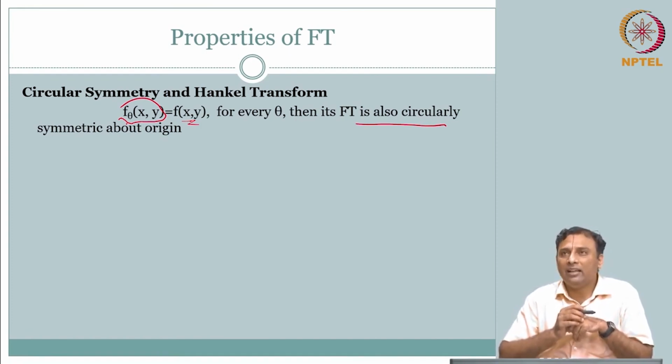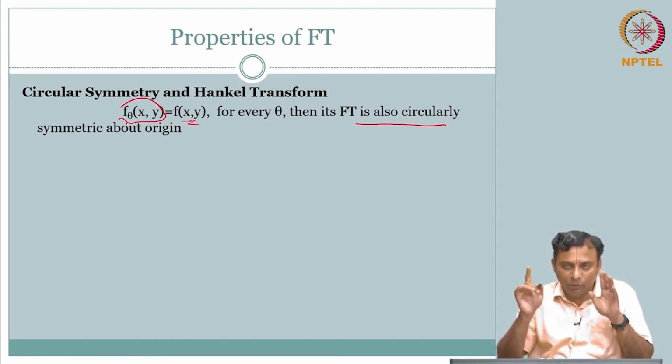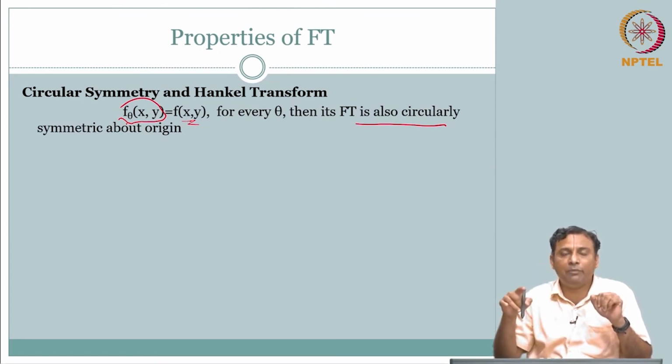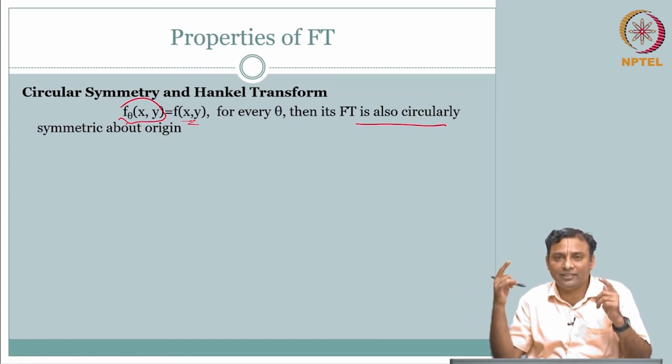Roughly, just so that you get comfortable positioning the concept in 2D: in 1D, if you have a Gaussian shaped time domain signal, the shape of the frequency spectrum will also be Gaussian. That is something that you know.